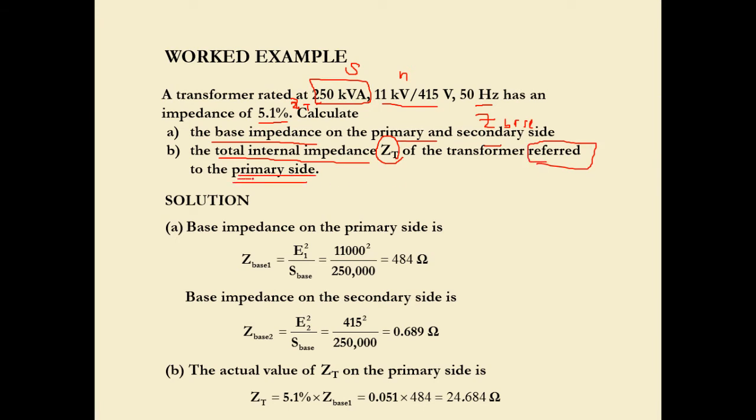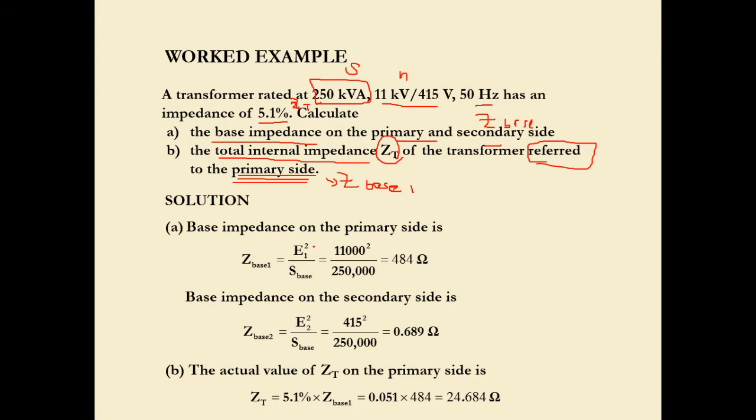Once you refer to the primary side, you have to be careful with the Z base you are choosing. Make sure the primary side we refer to as base 1. So the base impedance on the primary side is Z base 1 equal to E1 squared over S base.